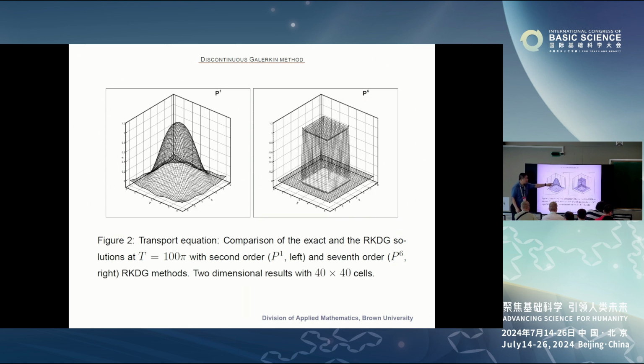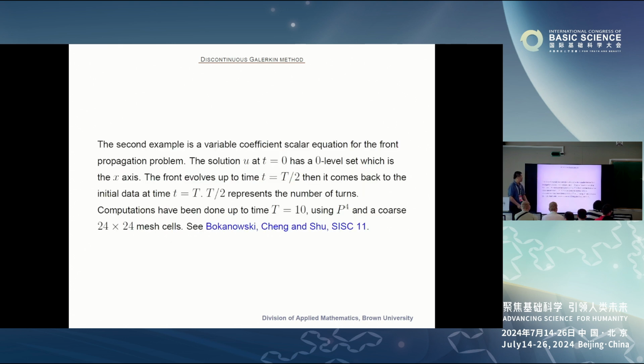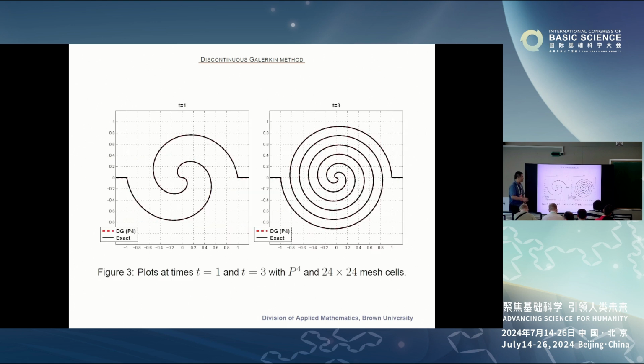So in 2D also the same thing, P1, P6. And this is again a scalar variable coefficient equation. This is the zero level set of the solution. What you are seeing is the red part, which is the DG solution, P4, computed on a 24 by 24 mesh. Very coarse, not very refined. The black solid line is the exact solution.